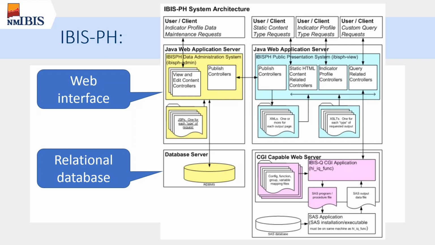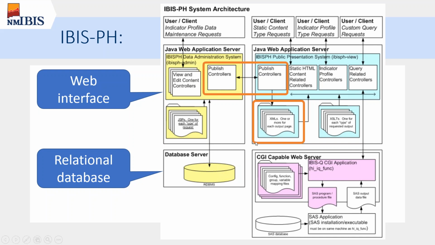So we consider all that data in this context. So when an indicator report gets published, the admin application pulls the relevant data out of the database. It formats it as XML, which is just a specially formatted text file, and it passes that file to the view application server.